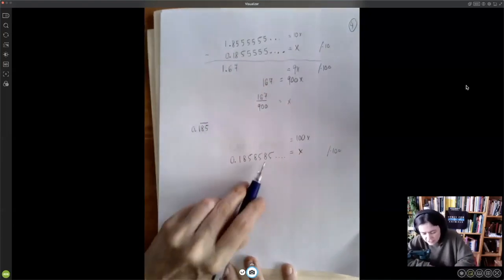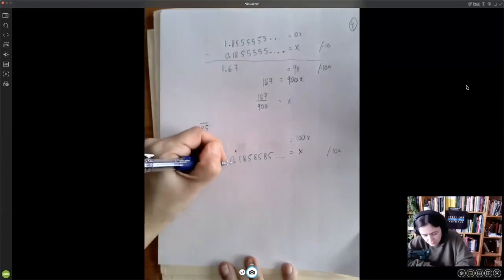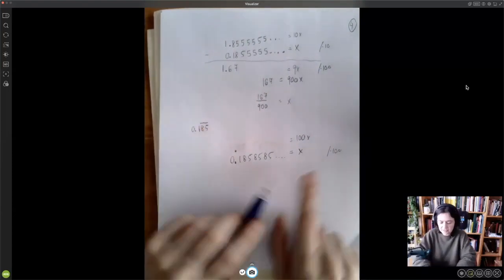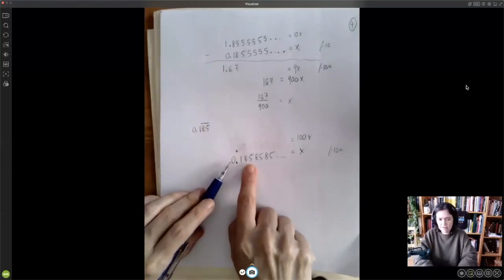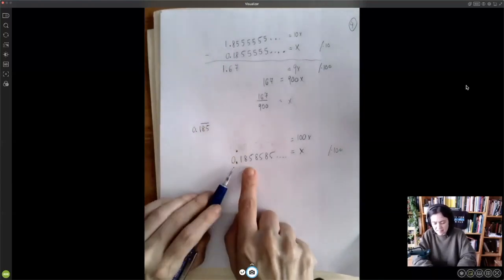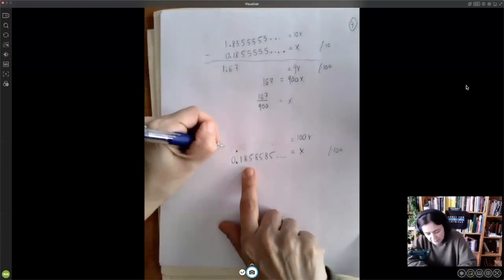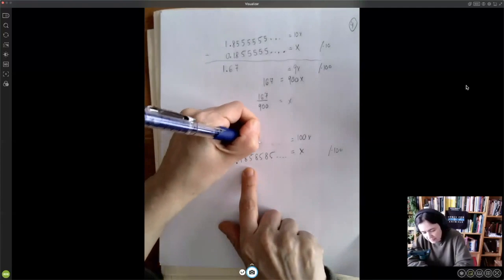But if you just think about it from place value to place value, then it is a little bit more sensible that this will always work. So we're going to get 18.585858. And that sounds bad because we had 858585. But let's see, 18.585. Look, it works.